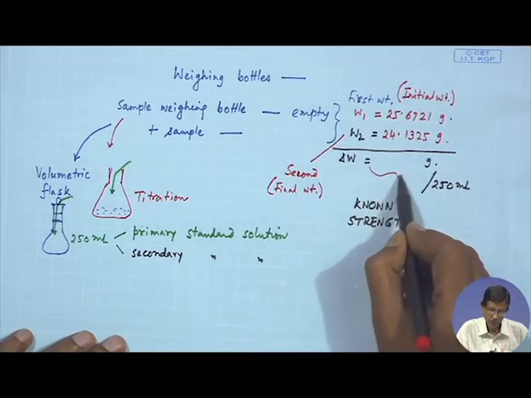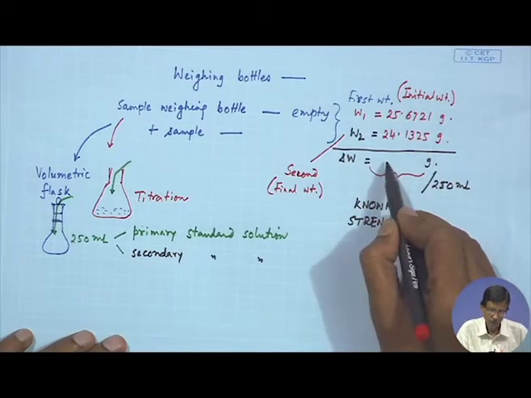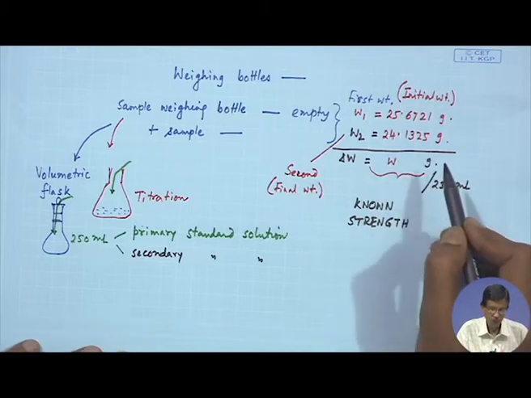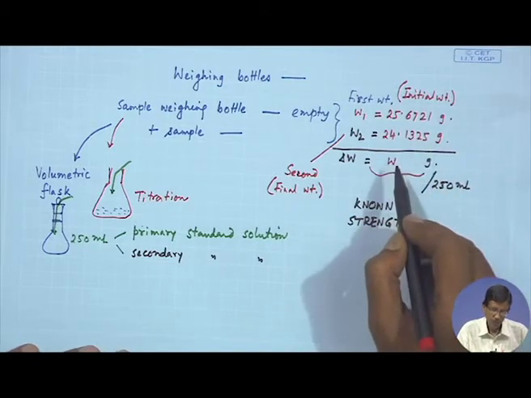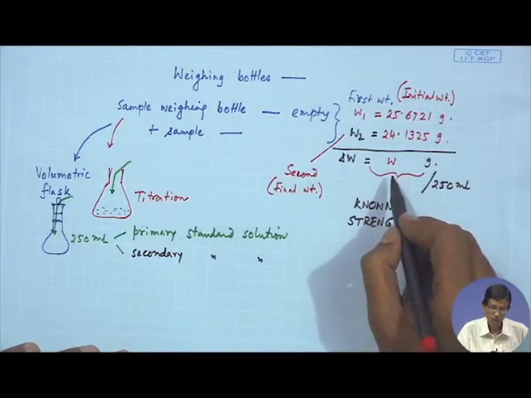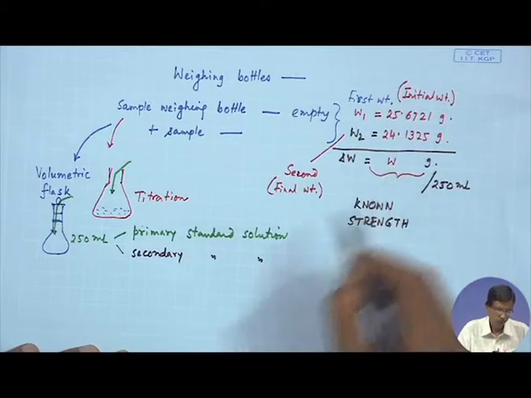So, this amount of sample, which is W, we know this particular one, and that should be very close to the sample we will be requiring to get some solution.